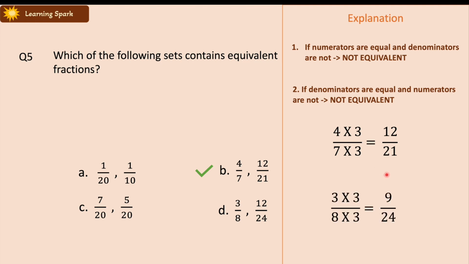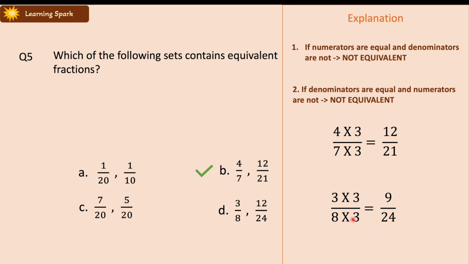But for this 3 by 8, right, the denominator became 24. So how do you get 24 from 8? You have to multiply by 3, right? So 8 into 3 equals 24.